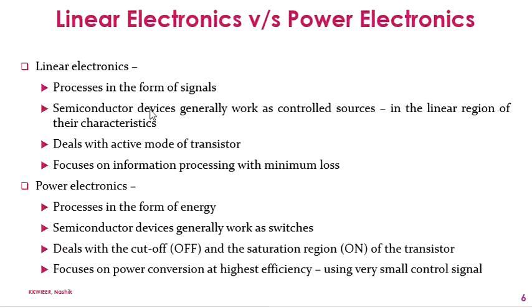Linear electronics deals with the active mode of transistors, whereas in power electronics, the cutoff region and saturation region of transistors are important. Linear electronics focuses on information processing with minimum loss, but power electronics focuses on power conversion at highest efficiency using a very small control signal. So this is how linear electronics and power electronics differ from each other.